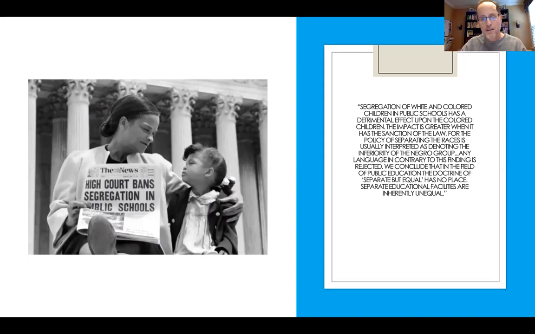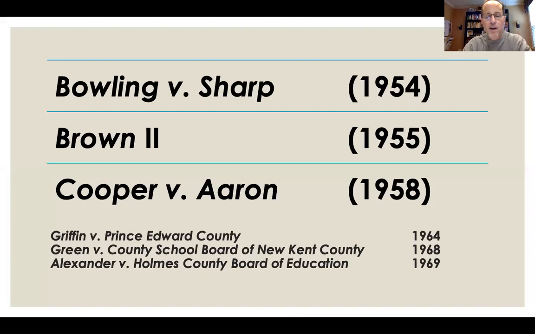Now, beyond the case of Brown, there are major other cases that could extend the importance of the Brown decision. The first case on the list here, Bolling v. Sharpe, happened on the exact same day. This was one of those 5 cases. And this was dealing with the specific issue of the District of Columbia.